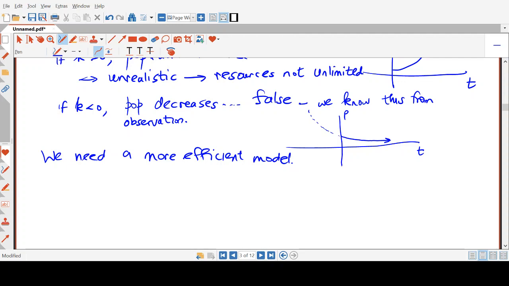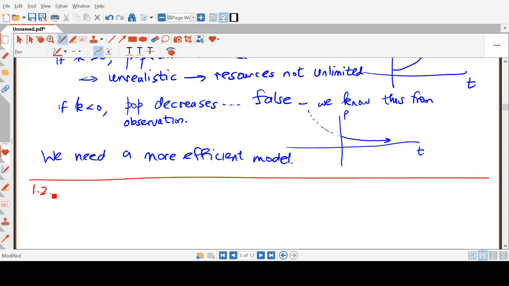This brings us to the model of Verhulst, 1.2.2, the model that has got logistic population growth. So this guy called Verhulst, I don't know who he was.